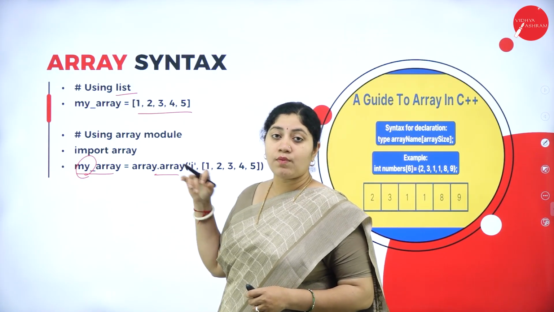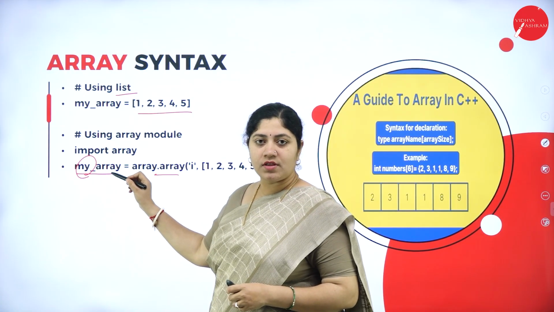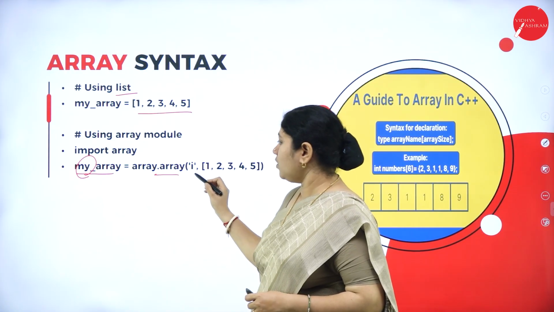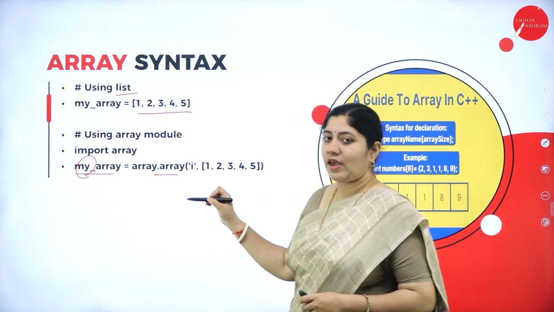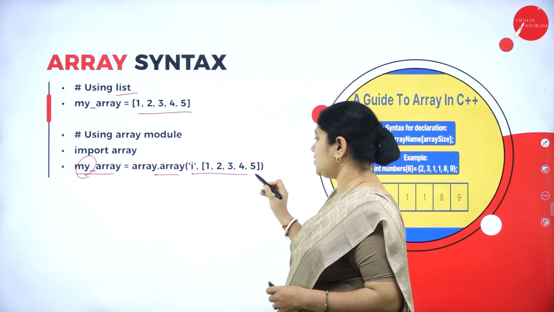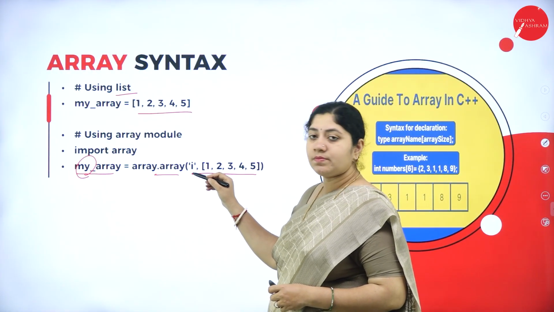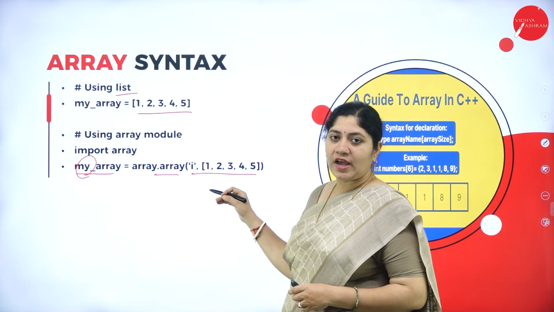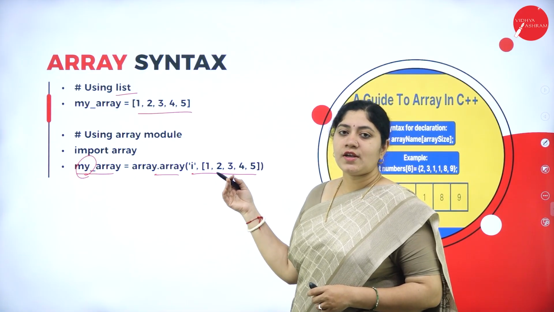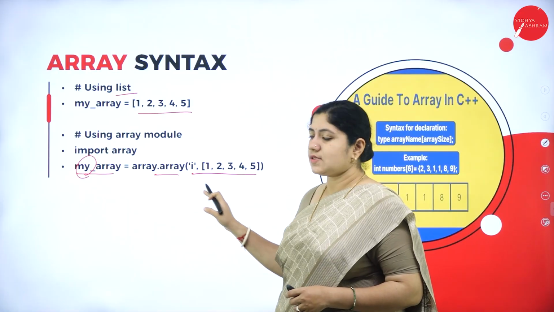So under the module we have considered array as the same thing, with the name, followed by the declaration part where we have considered 'i' of, then followed by a simple list of numbers. This is the declaration format for the array module. So we can define or declare an array within a method by using this syntax.